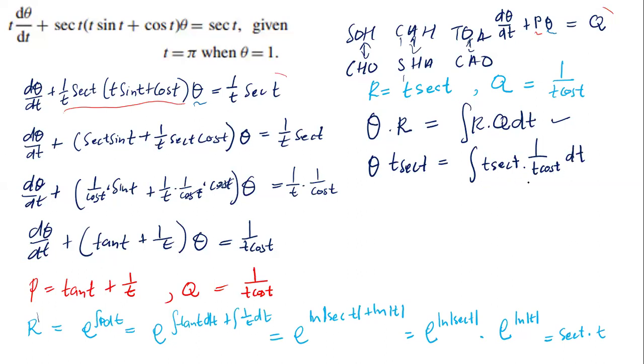Do we need a special case to integrate this? No. But if you are smart enough and not lazy to write, you can see that sec is actually 1 over cos.